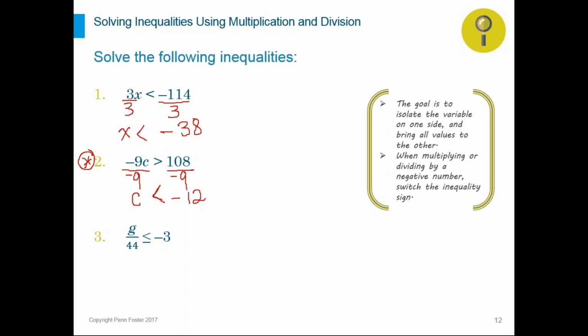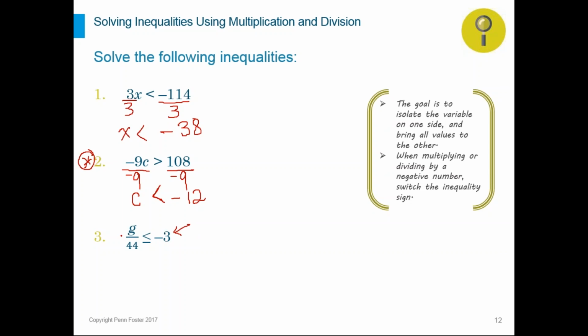Let's do number 3. g over 44 is less than or equal to negative 3. Now, one of the things that confuse students is that when they see a negative value on the right-hand side, they just switch the sign, which is not correct. We only switch signs if we have to divide or multiply times a negative value.